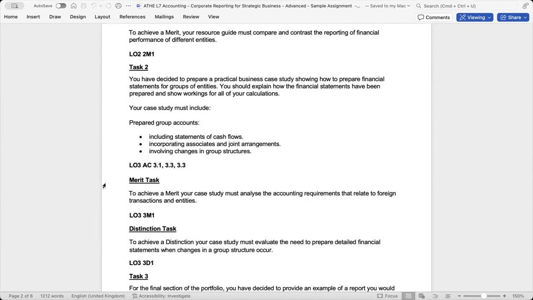Basically, most of task one is based on a theoretical approach. So you can explain everything one by one, evaluate and analyze, and explain where it's required.